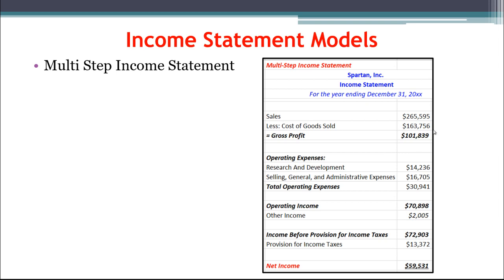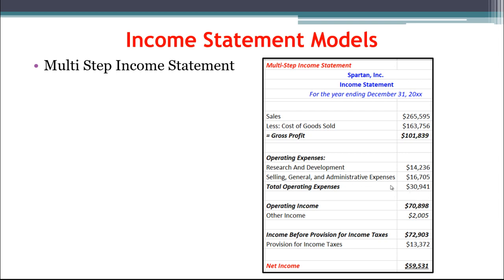We subtract that out, and we get a subtotal called gross profit or gross margin. So that's not the bottom line. It's just the profit left over after only accounting for the expense related to the cost of goods that we sold. After that, we have a variety of other operating expenses, research and development, selling, general administrative expenses.